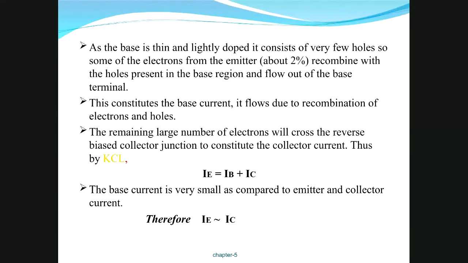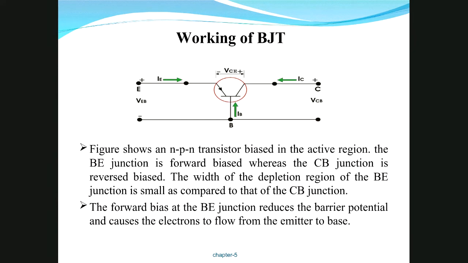Now, if you visualize it in another way, see this. I will represent this in a simple way. It looks like this. This current is IE, this current is IB, and this current is IC.